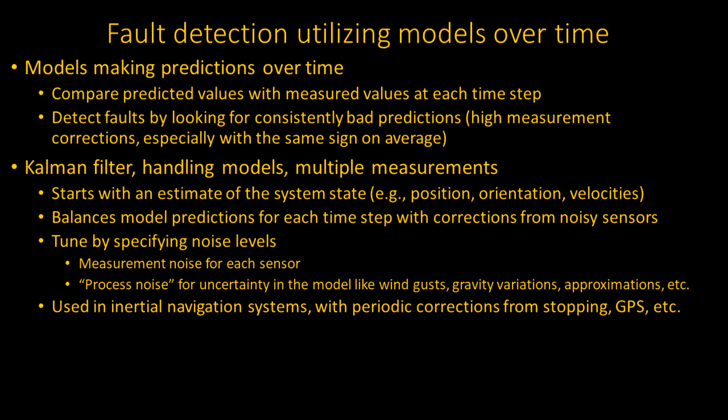They specify the level of the measurement noise for each sensor and also what's called process noise. Process noise is to account for uncertainty in the model that could be caused literally by things like local gravity variations, especially in lunar orbits where they really have that. In travel in the atmosphere here, wind gusts cause noise, or the model is just plain inaccurate. Anyway, when the measurement corrections are consistently too high or too low, then we have detected a fault.